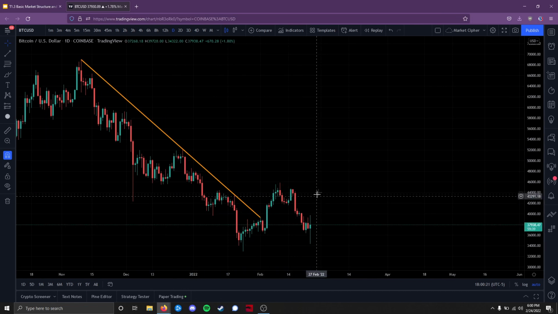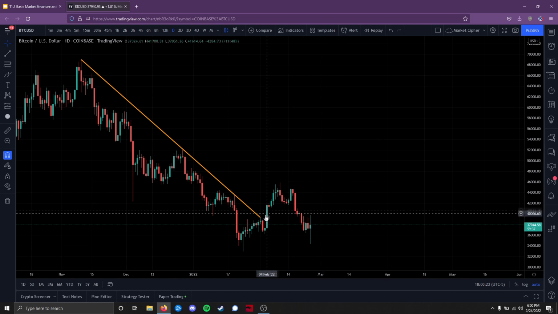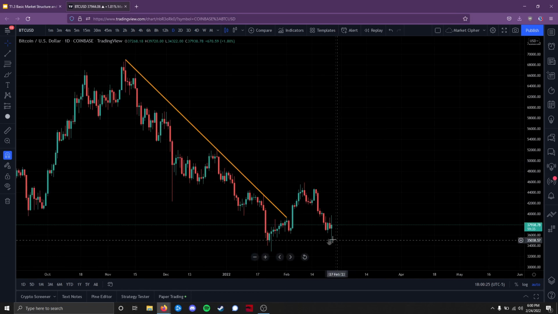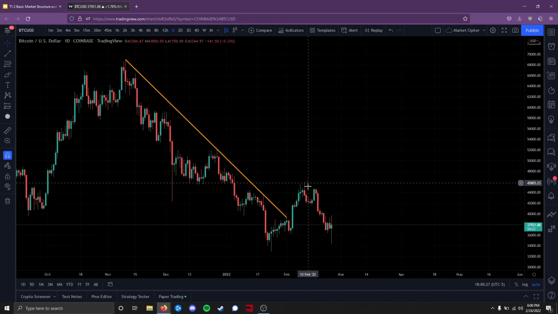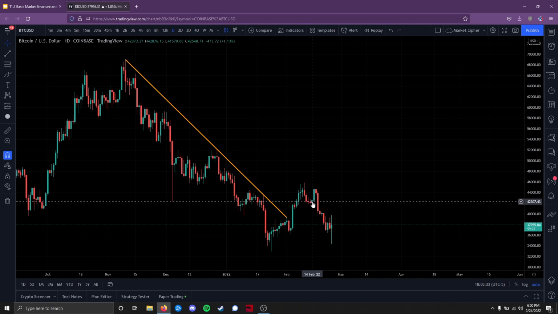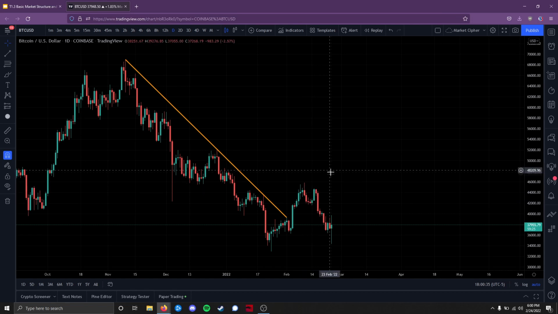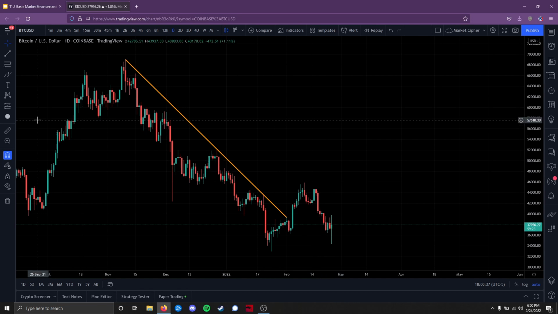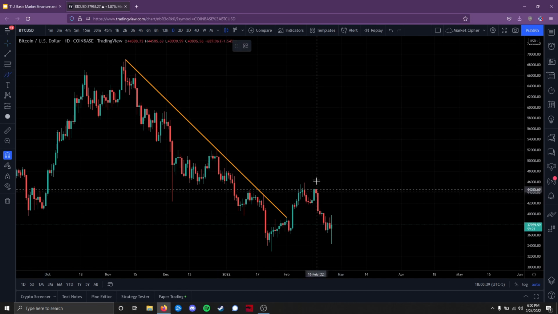Are we still in a greater downtrend? Possibly. But generally, from what we're seeing, Bitcoin produced a noticeably higher high, tried to produce a higher low, and then another higher high. This would have been a full-on reversal if we came to this particular part. Let me just turn this off.